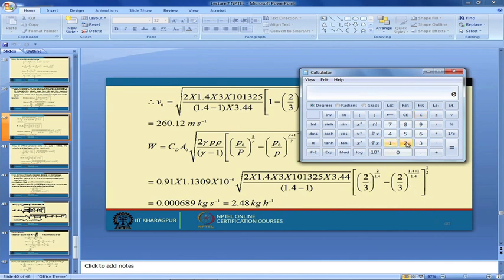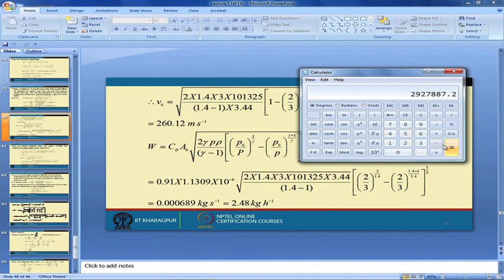2 into 1.4 into 3 into 101,325 into 3.44, right?